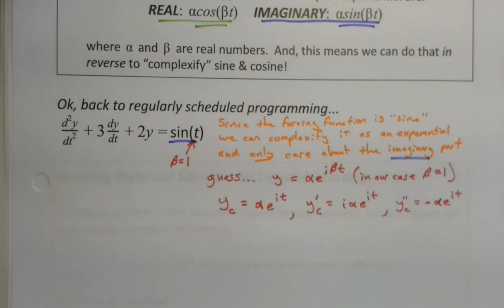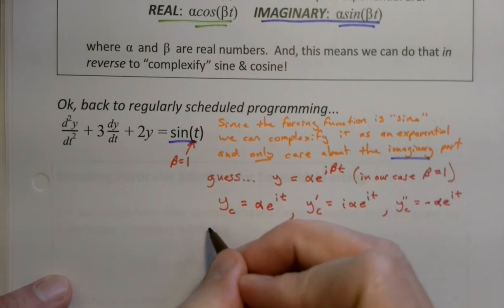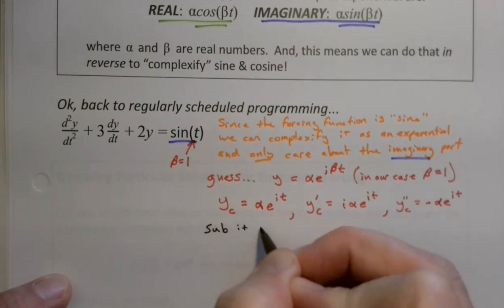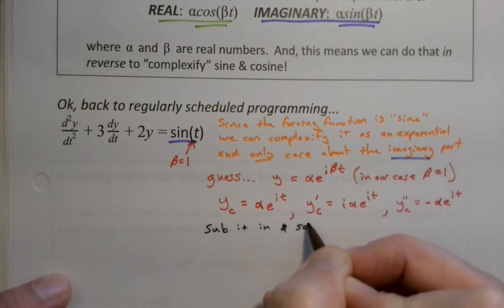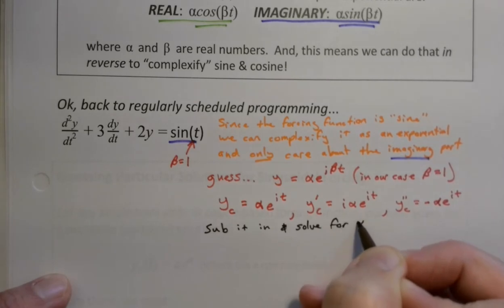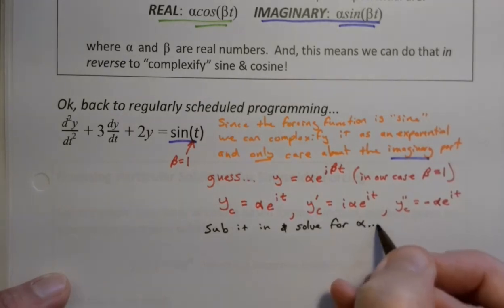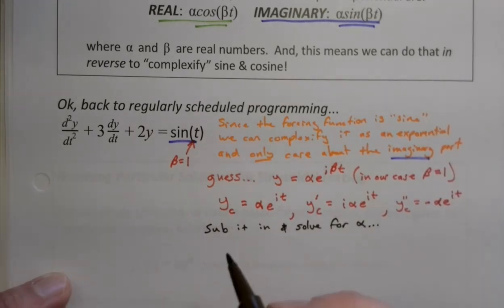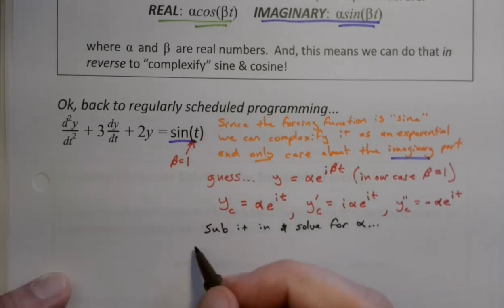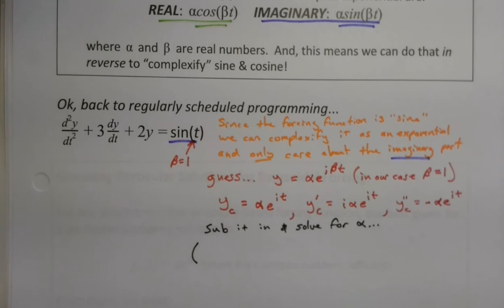We're going to sub that in and solve for alpha. We're going to figure out what alpha value makes this true. And so I'm going to sub it into my differential equation, my second derivative. Let me stick with my color coding here.